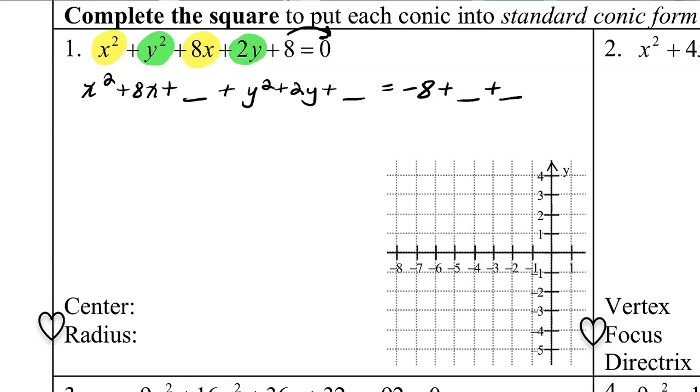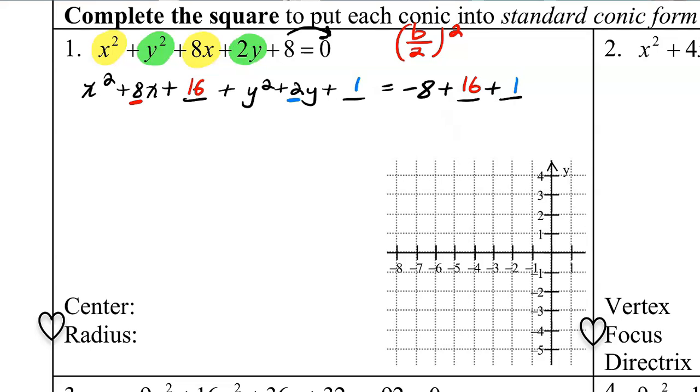So if you'd like to pause the video and see, do you remember how to complete the square for the x's and then for the y's? The formula to complete the square is b over 2 squared, where our b in the first case is 8, so 8 over 2 is 4, squared is 16. We're going to add 16 to both sides. And then b in the next one is 2, so we divide by 2 and square it, so it would be a 1.